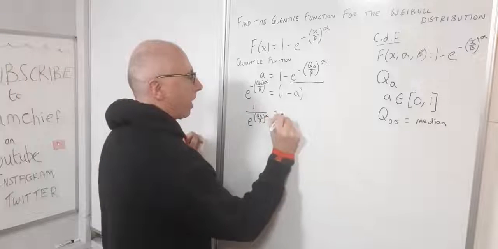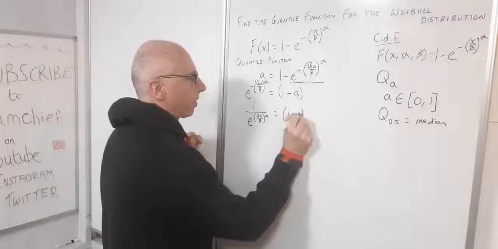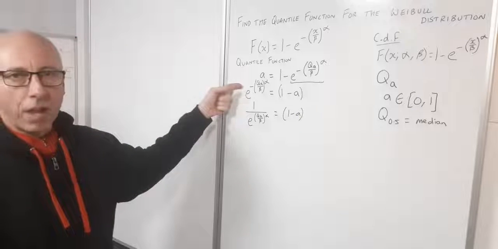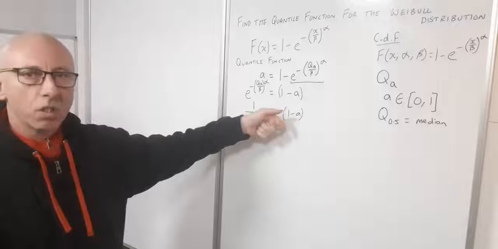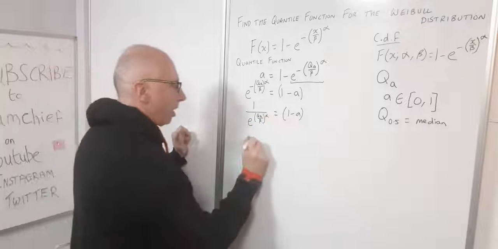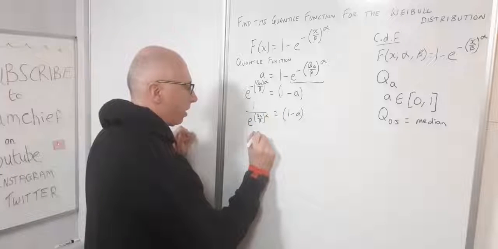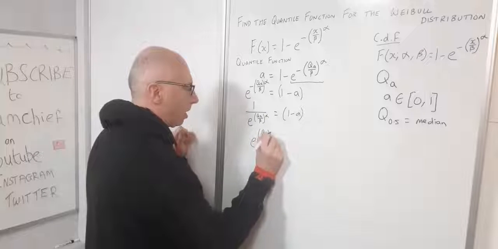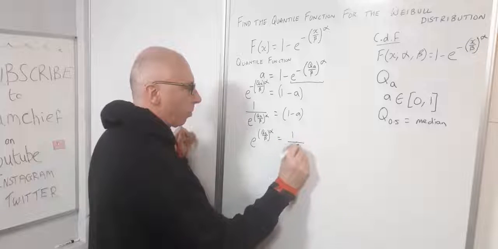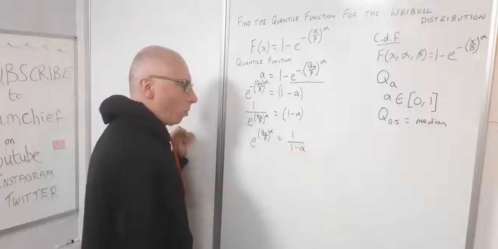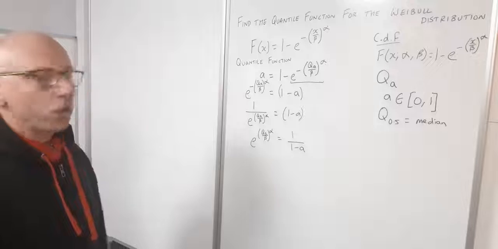And then this one here, we'll just leave it as that. So that is the equivalent statement of that one. So now I can take the reciprocal of both sides, I can just flip both sides. So now I've got e to the QA over beta to the alpha, and then this time I've got 1 over 1 minus a. So I'll just write that like that.